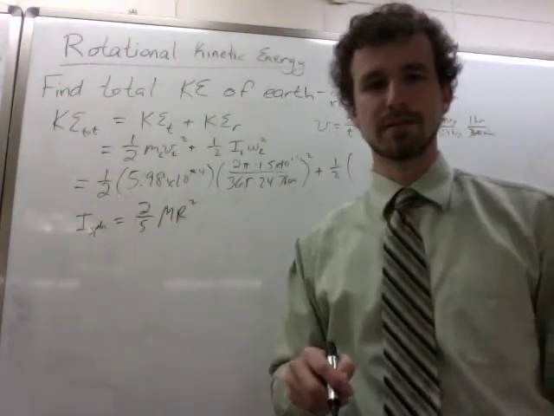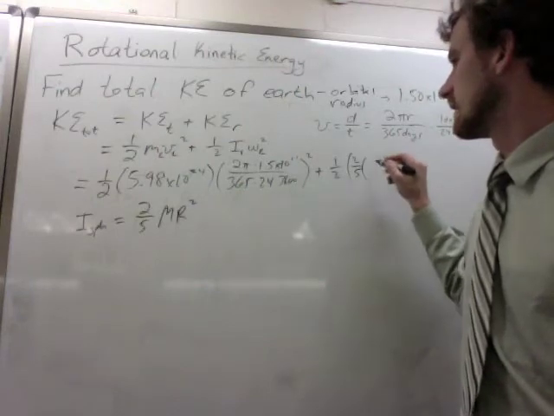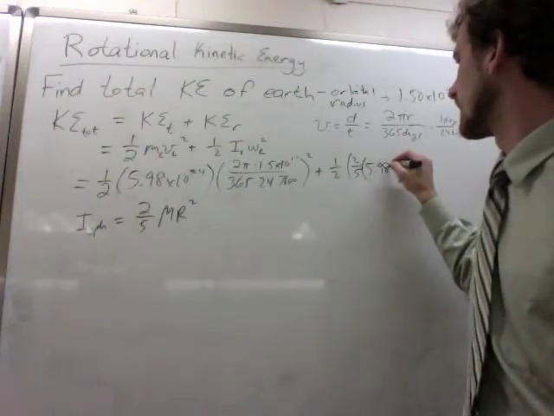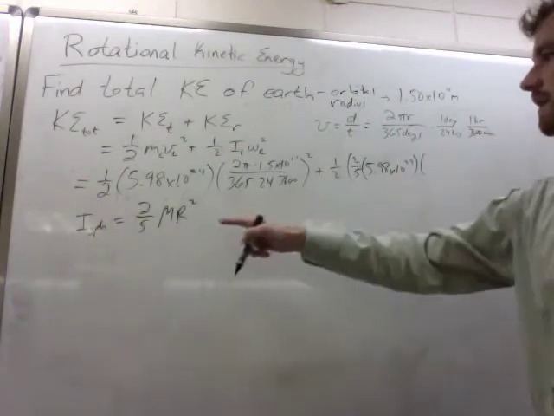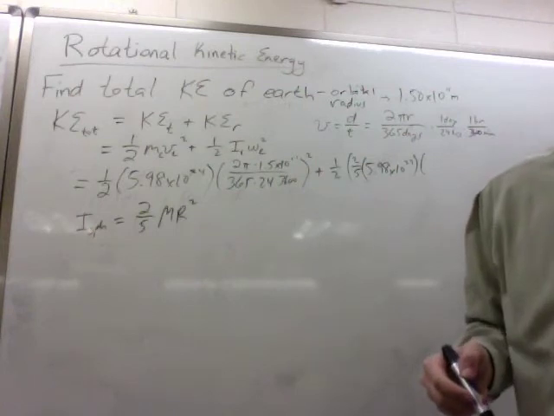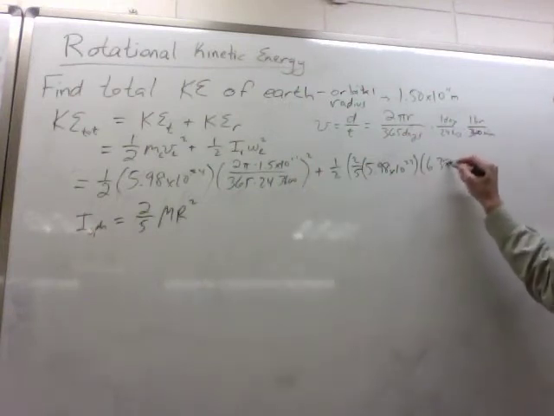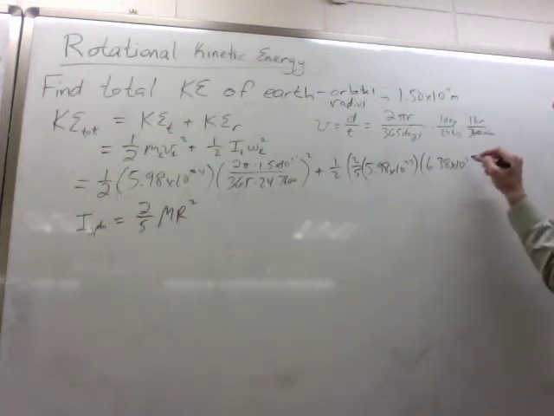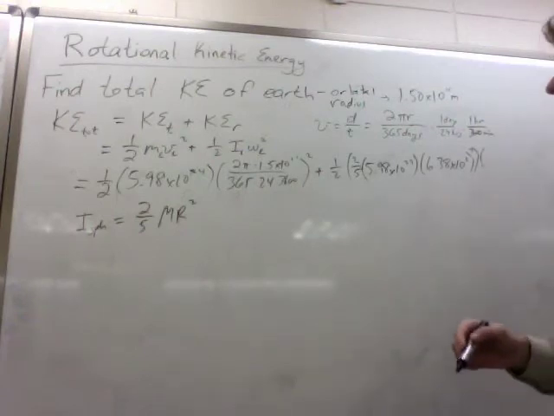mr squared. So in here we can plug in 2/5 times the mass of the Earth, 5.98 times 10 to the 24th, times R, the radius of the Earth, which is 6.38 times 10 to the 6th meters, squared, times omega of Earth squared.